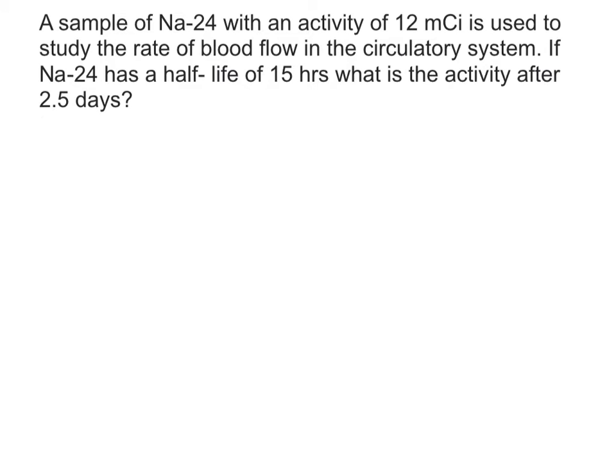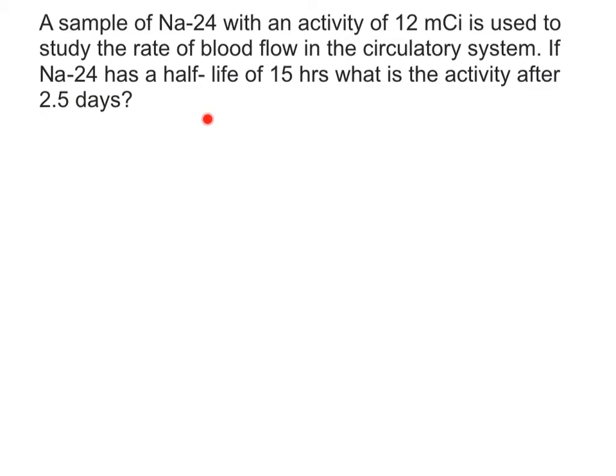A sample of sodium-24 with an activity of 12 millicurie is used to study the rate of blood flow in the circulatory system. If sodium-24 has a half-life of 15 hours, what is the activity after 2.5 days? So we first have to find the number of half-lives in 2.5 days.